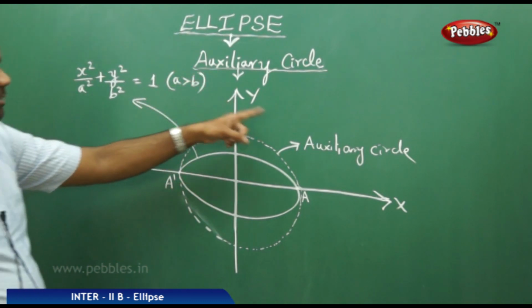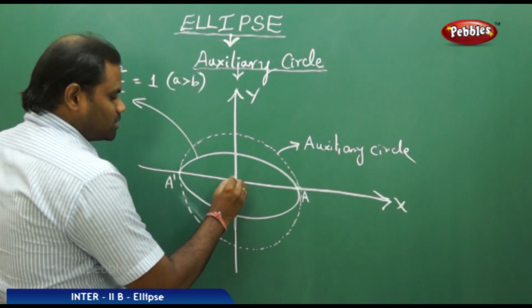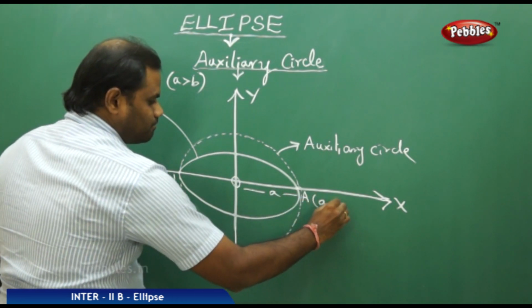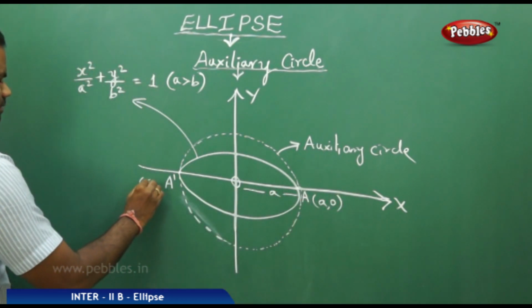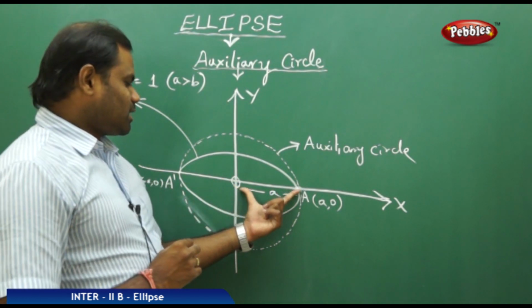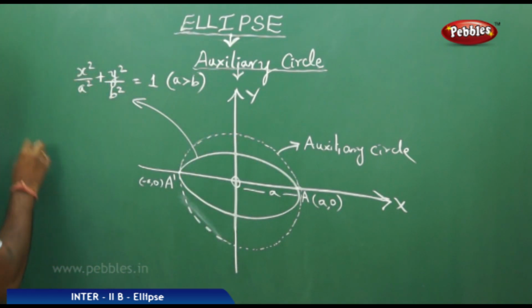For this ellipse, the circle is the auxiliary circle, and clearly we see that the auxiliary circle has radius a, because the coordinates of A are (a, 0) and A dash is (minus a, 0).